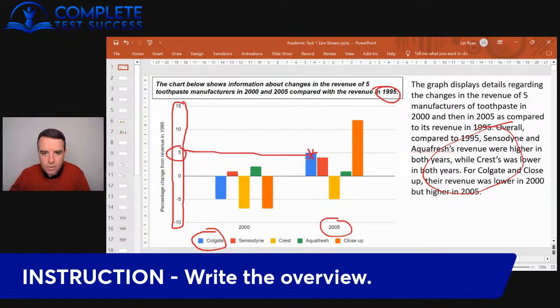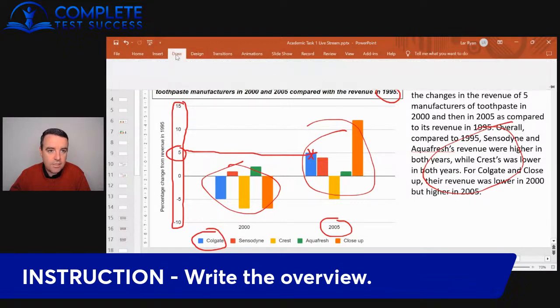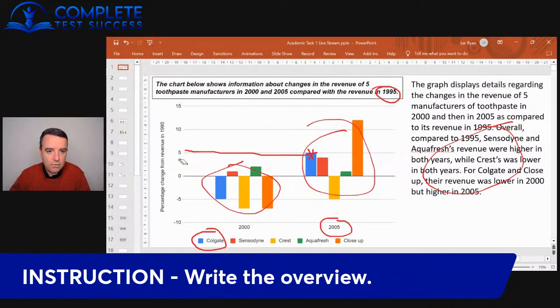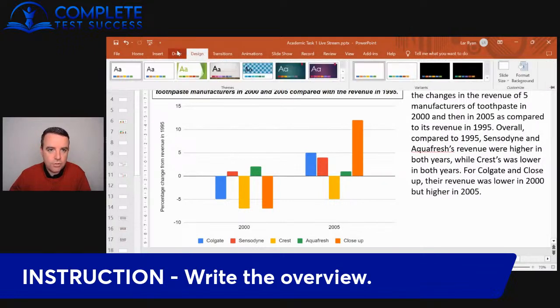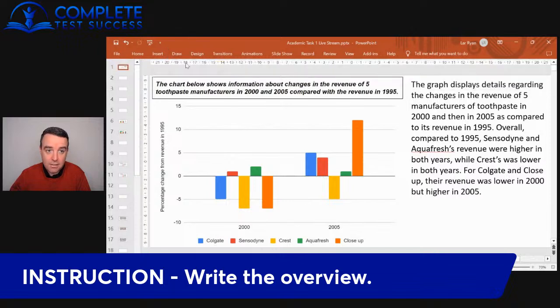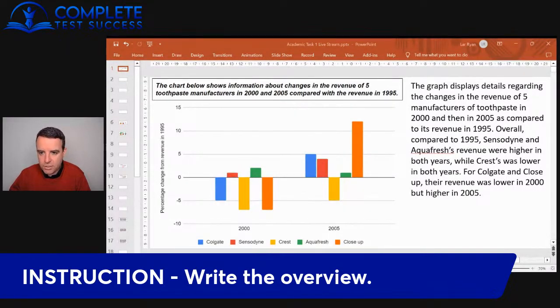But describing which ones increased and which ones decreased, well, that's essentially what you have to do in the overview. So no, definitely not too much data. Without that data, there wouldn't be anything else to say. That's an overview: in general, what happened with no specific information. So when you're told that you shouldn't put in specific information, that is 100% correct. But what that means is, don't write in the 5% or the 10% or the minus 5% or whatever that is. So no specific information like that.